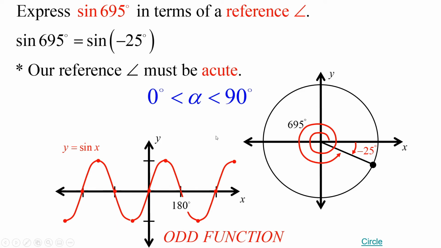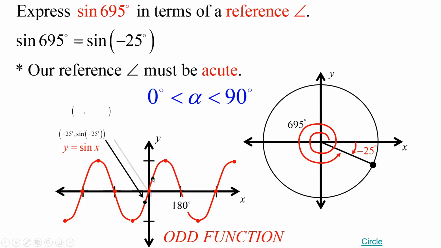Now there's this negative 25 right here, and what is the output? The x-coordinate of that point is negative 25 degrees, and the y-coordinate of that point is sine of negative 25 degrees. Now let's go to quadrant 1 and go to 25 degrees, right in here somewhere.